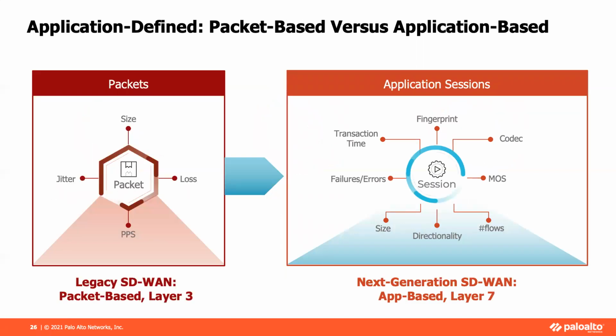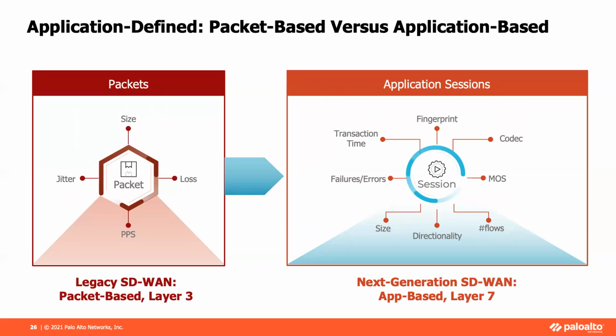So when we get into layer 7 and application-based protections, now we're looking at more stuff than just packets per second and packet loss and stuff like that. All of a sudden, we can look at transaction times per application. How's application A versus application B working? We break things down into flow. We can be session aware.